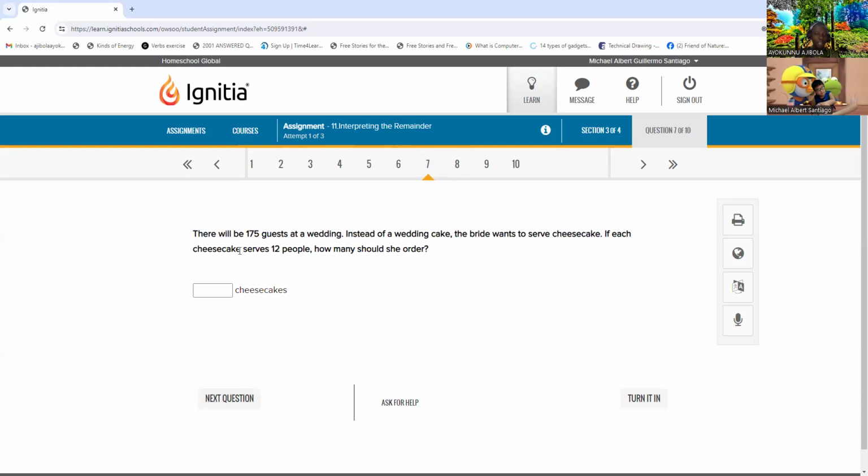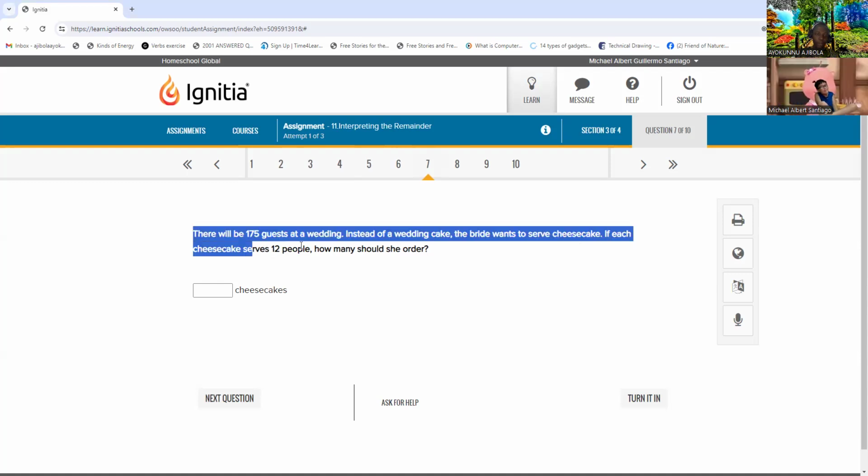If each cheesecake serves 12 people, how many should she order? So 12 people can share one cheesecake. So how many 12s can we see in 175? Let's take that to the board and try to address it there, okay?